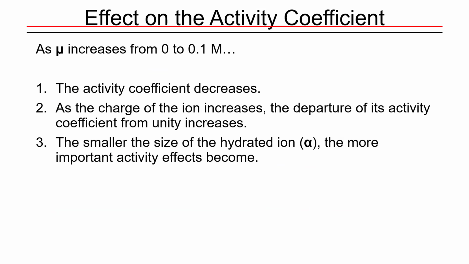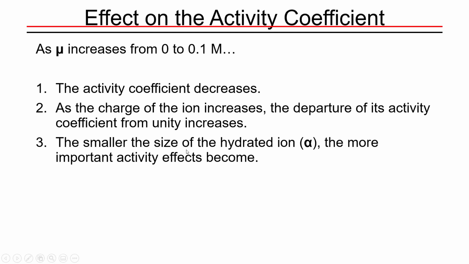So it's worth noting some general rules about these alpha values. As the ionic strength of solution increases from 0 to 0.1 molar, the activity coefficient decreases. In a solution with an ionic strength of 0, the activity coefficient has a value of 1. That's why in general chemistry we could just write equilibrium constant expressions in terms of concentrations, not activities. As the ionic strength increases, all the activity coefficient values decrease and get farther from 1.